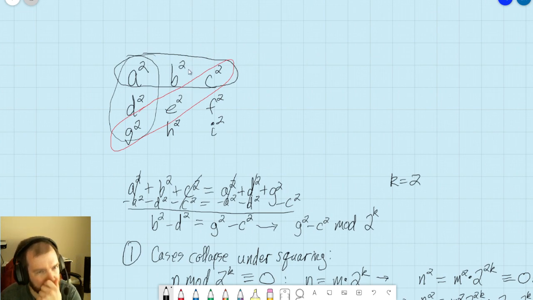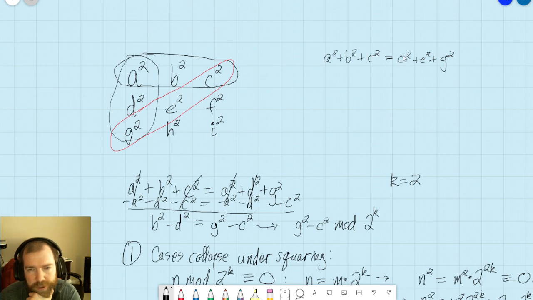All right, so if we went this other way, for the top two, that's going to get b squared plus c squared is equal to c squared plus e squared plus g squared.